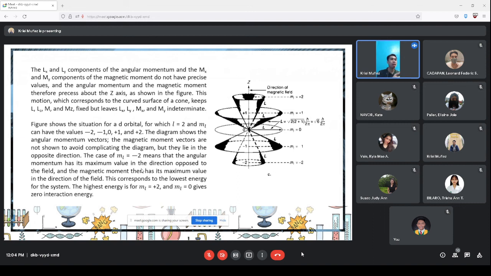So kung ang susundin sana natin is mas mataas dapat ang energy ng n value, sana nauna ang 3d orbital kaysa sa 4s, right? But then hindi nga yun yung case, all because of the magnetic field, the magnetic moment and the angular momentum, which is very important for us to be able to see and understand.